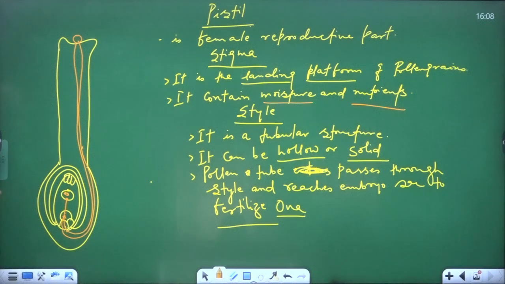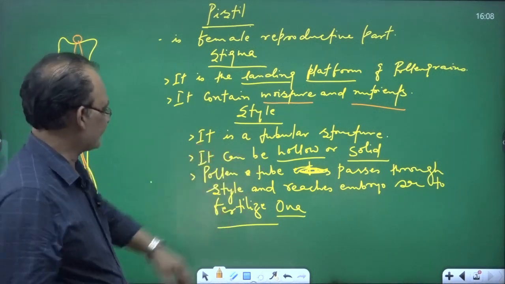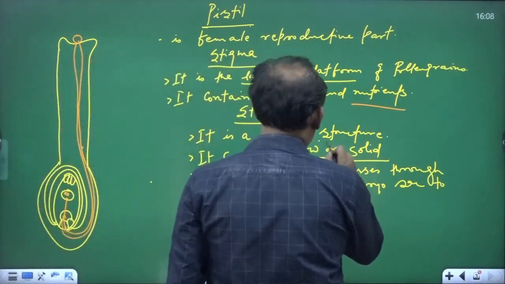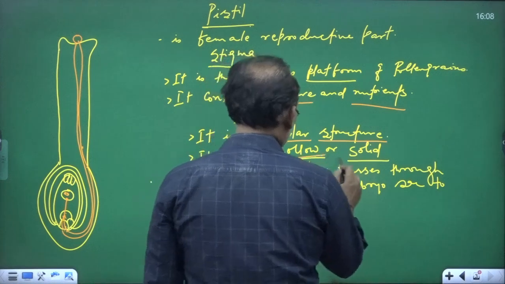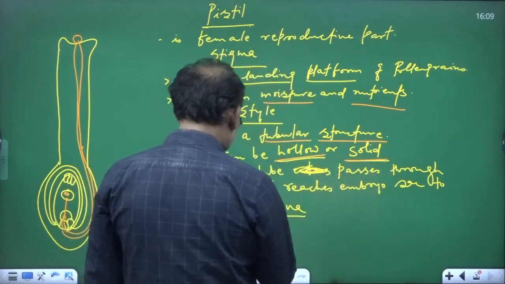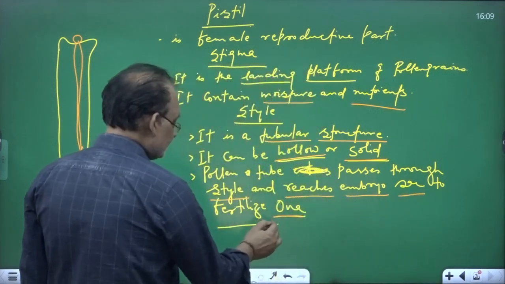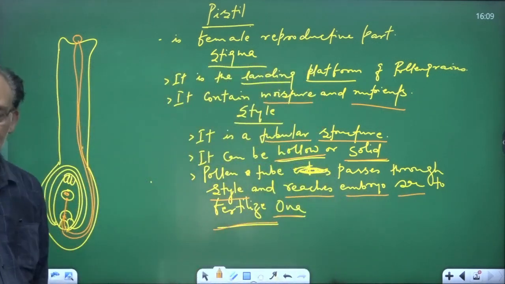So 2 structures are formed, and this is called double fertilization. We will discuss it later on. First you write about this style. It is a tubular structure. It can be hollow or solid. Pollen tube passes through a style and reaches embryo sac to fertilize the ova. Clear?